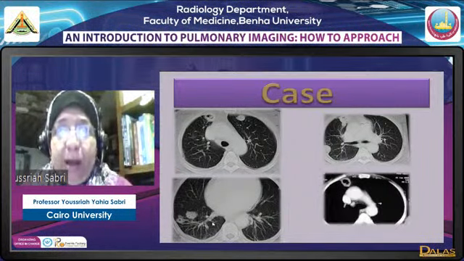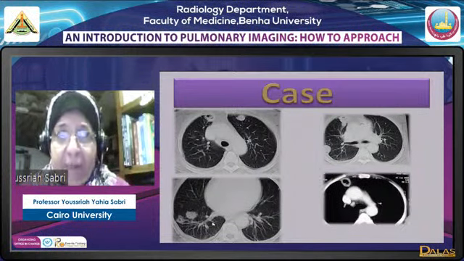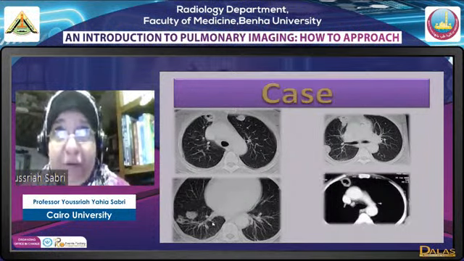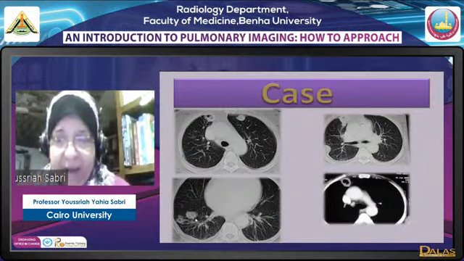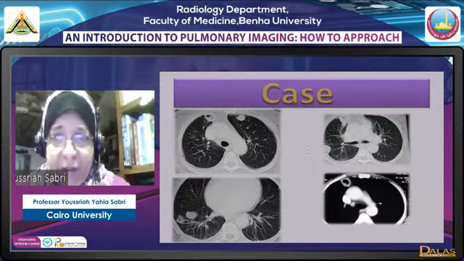If those nodules with cavitations are bilateral and are countable, we may also add a third differential diagnosis, which is a vasculitis. Here we have nodules which are well defined and some of them showing cavitation. So we have the three possibilities.